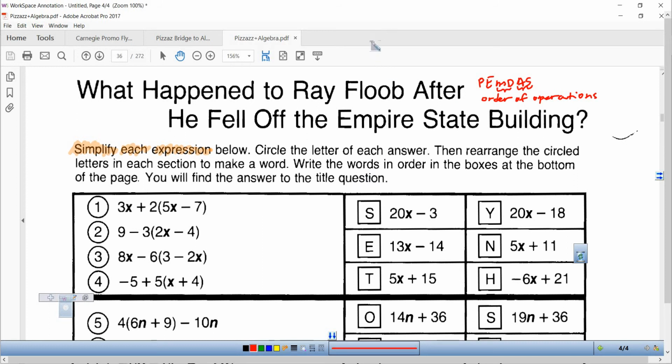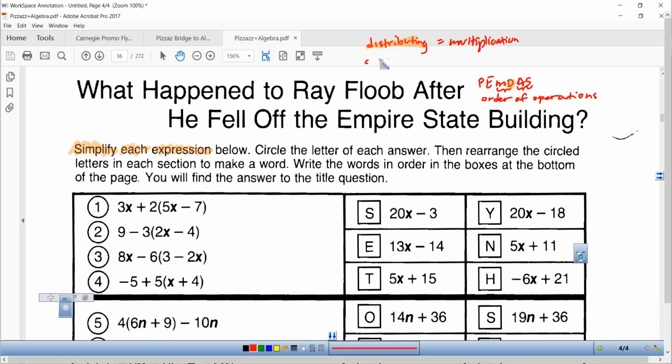All right, so we should know that when you are distributing, as I've talked about before, distributing is multiplication. Okay? So distributing is multiplication. So in order of operations, distributing, I'm going to highlight it in orange. Distributing is right there in PEMDAS.